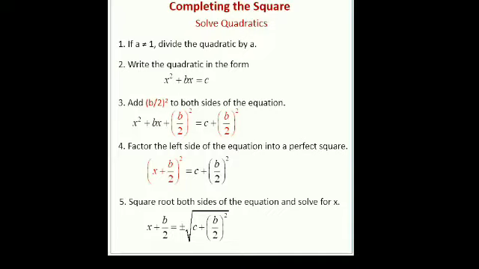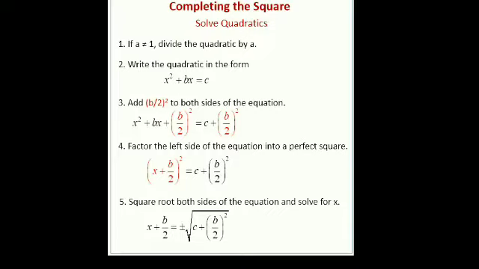The important steps in solving the completing the square problem are listed here. First one, if a is not equal to 1, divide the quadratic by a. Second one, write the quadratic in the form of x squared plus bx equal to c. Third one, add (b/2) whole squared to both sides of the equation.